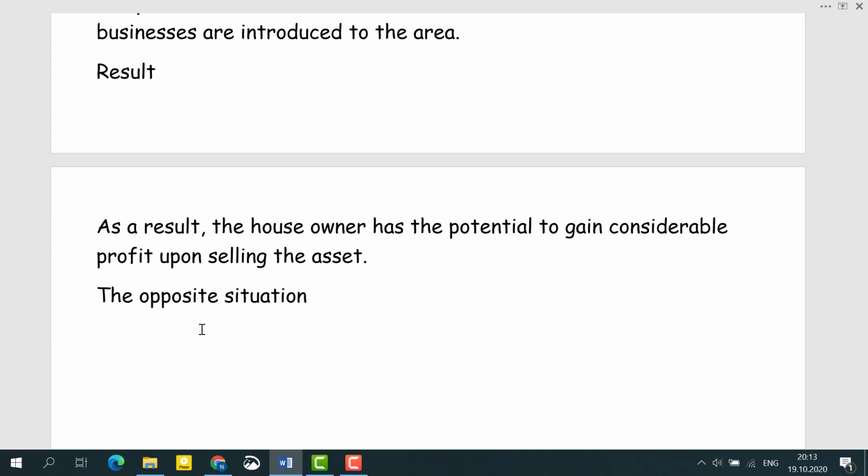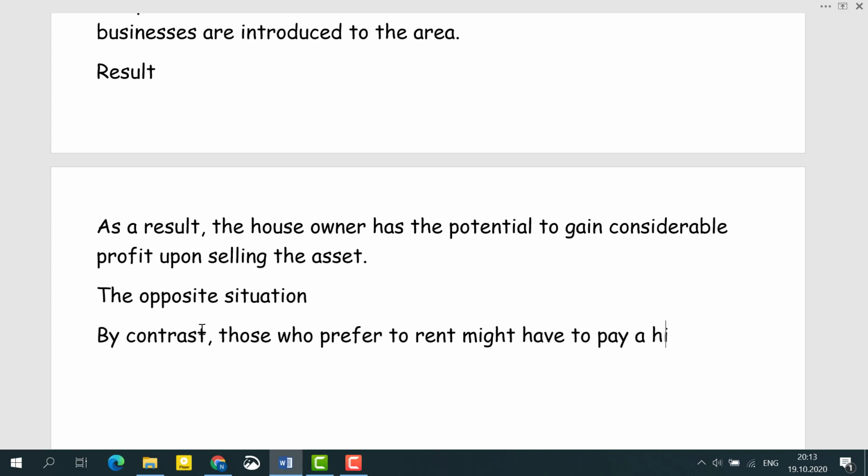Okay, so we can just do it something like, by contrast, those who prefer to rent might have to pay a higher rental charge in subsequent years.